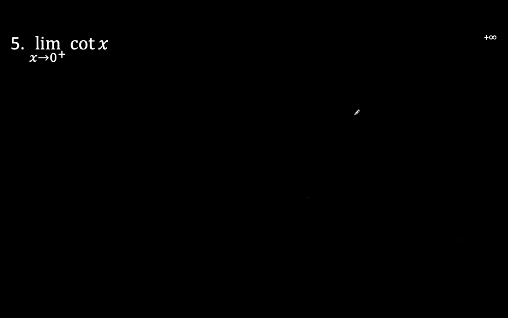Okay, let's go to number 5. The limit of cotangent x as x approaches 0 from the right. Now we want to check if 0 is part of the domain of the function cotangent. For checking, let's deal with cotangent x. I know that cotangent is equal to cosine x over sine x.